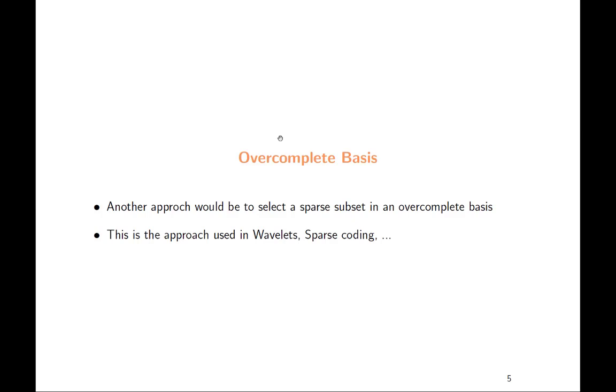And the selection is happening in an adaptation step, but we could also select it in other ways. And this is the approach, for example, used in wavelets or sparse coding. And this approach uses an overcomplete basis, which means you allocate too many basis functions, and you expect that only a very small number of them will have non-zero weights.